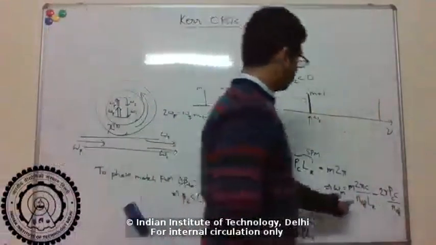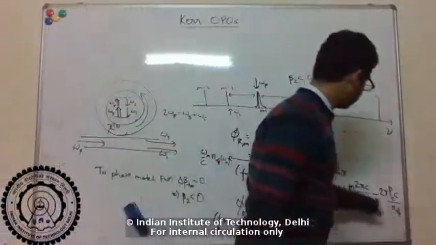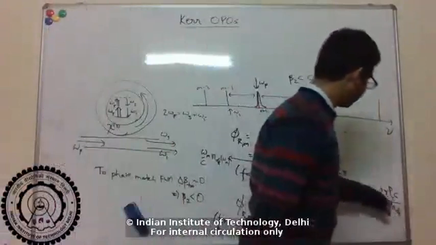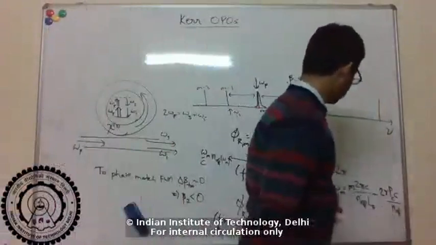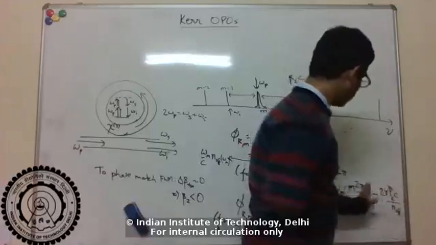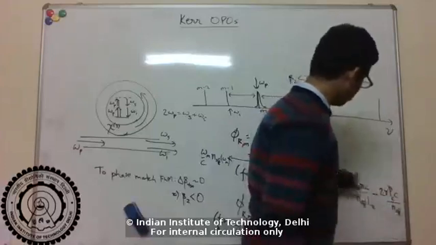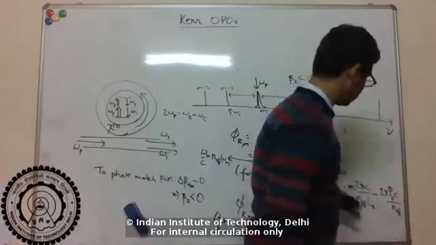So basically there is a shift to lower frequencies. This is negative, so the mth resonance frequency is slightly smaller than what we got without the nonlinear phase.